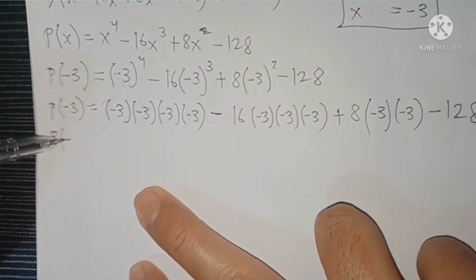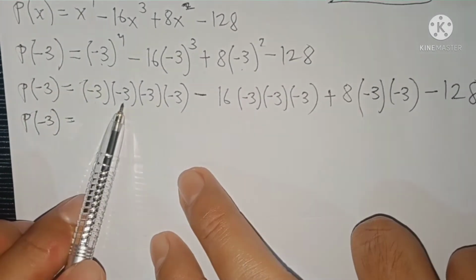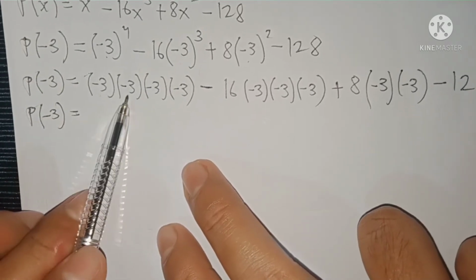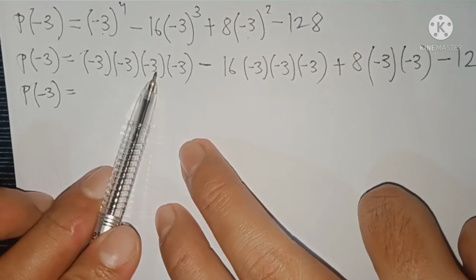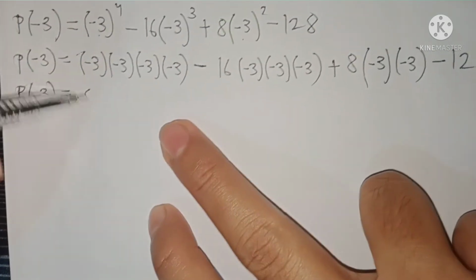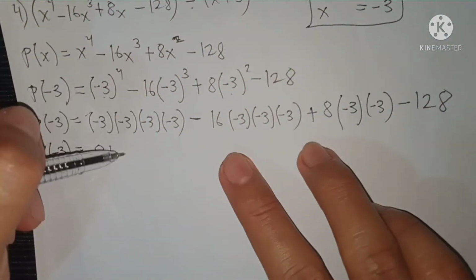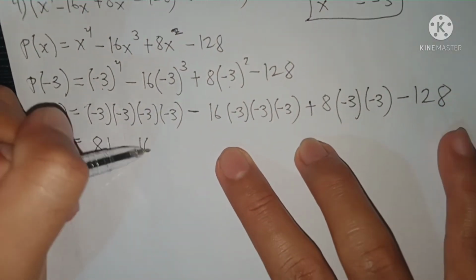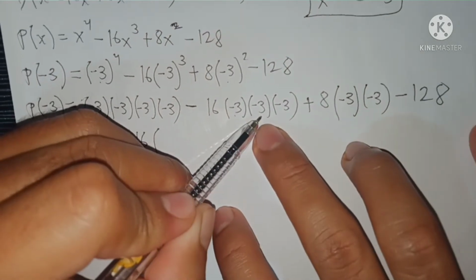So you have P of negative 3 is equal to negative 3 times negative 3 is positive 9. And then positive 9 times negative 3 is negative 27. Negative 27 times negative 3 is positive 81. And then minus 16 times negative 3 times negative 3 is positive 9.